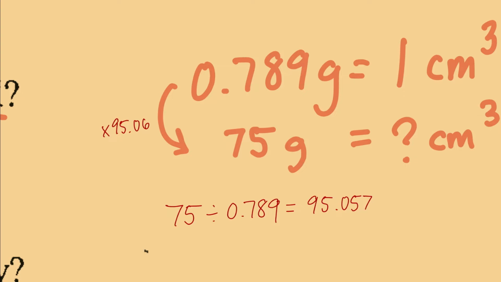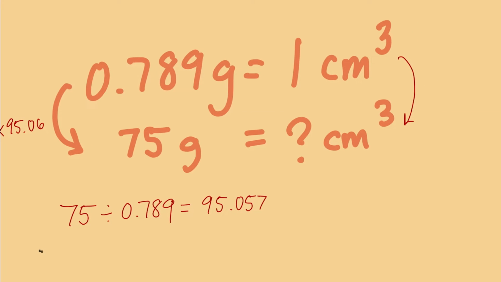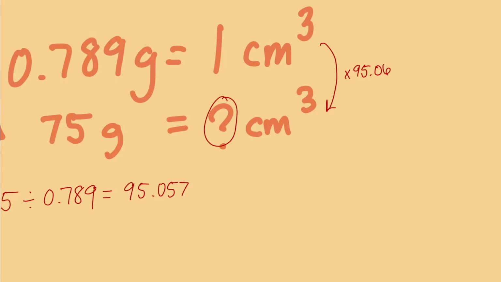We have 95.06 times as many grams on the bottom as we do on the top. And if we have 95.06 times as many grams, then we should also have 95.06 times as many cubic centimeters. So to figure out the number that goes in this question mark here, it should be 1 times 95.06. I don't need to write that math out. It's very clearly 95.06 cubic centimeters is our answer.